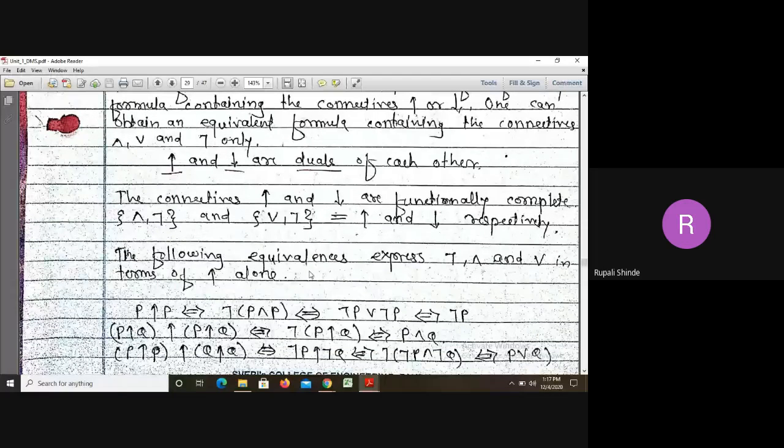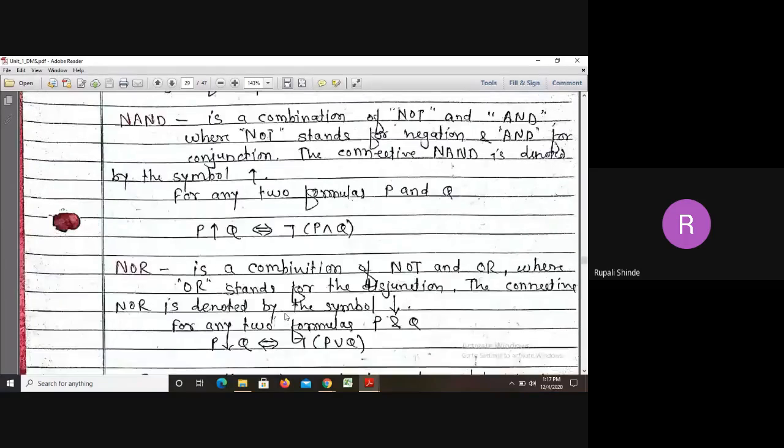Again, we can transform NAND into an equivalent form. How? An example is given here. Consider P NAND P. How can we write its equivalent form? NAND means AND and negation, so we can transform this into the negation of P and P, just like the definition of NAND.